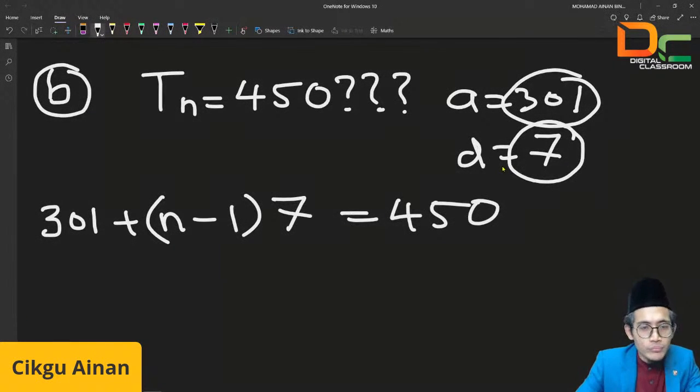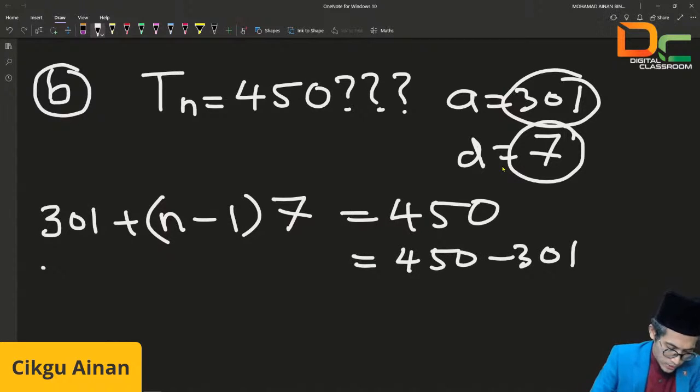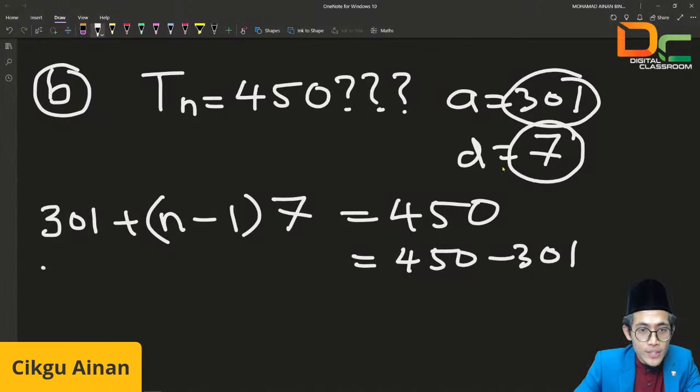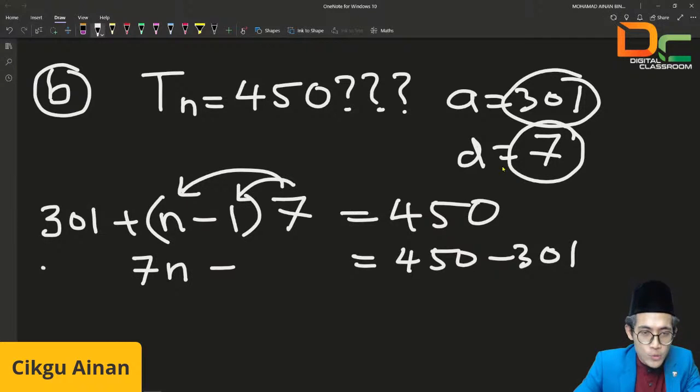Okay, now this one expand lah. Okay, 301 boleh je bawa sini terus. We group the numbers together. 450 minus 301. Okay, and then this one we expand 7 multiplied by n, 7n, 7 multiplied by 1, minus 7.